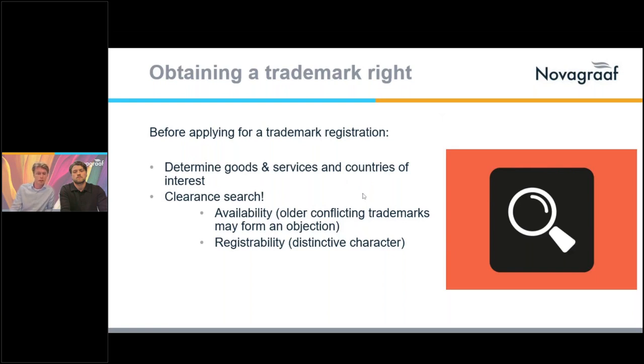Because if there are too many objections on the road, then we may have to decide to pull the plug, and this can prevent a conflict, and it can also prevent many costs and time in that way.